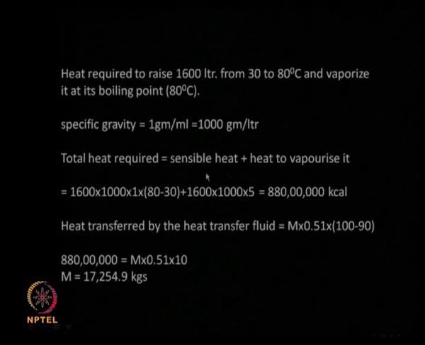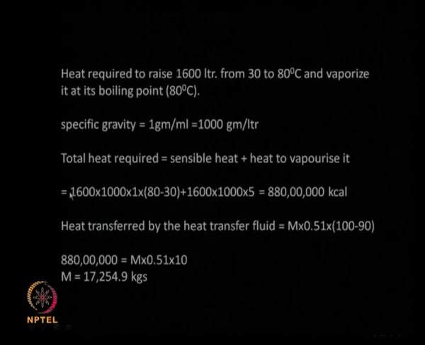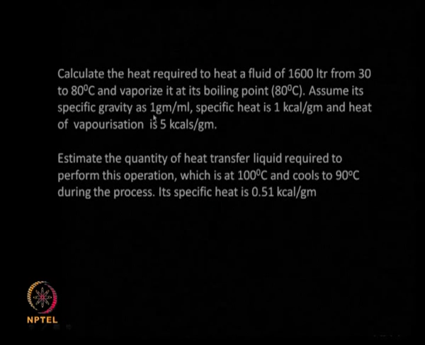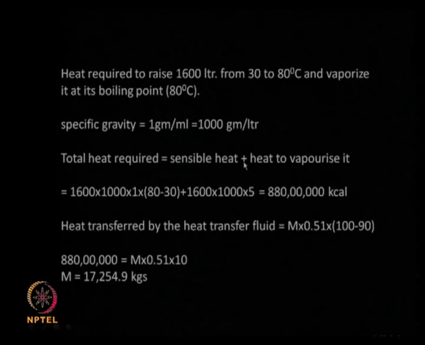Now the sensible heat is nothing but mass into specific heat into delta T, that means the rise in temperature from 30 to 80 degrees. So mass is 1600 liters into specific gravity 1000 grams per liter, that gives you the mass. Specific heat is 1 kilocal per gram, correct. So 1 multiplied by 80 minus 30. So this is the sensible heat part of it. This is the heat of vaporization.